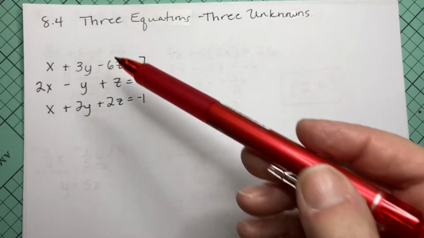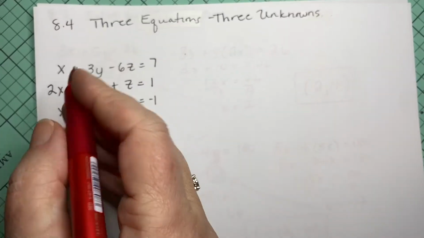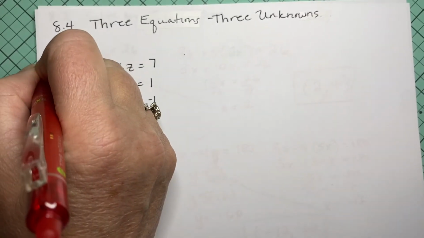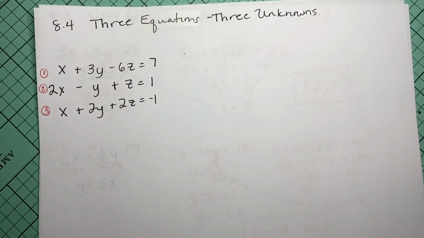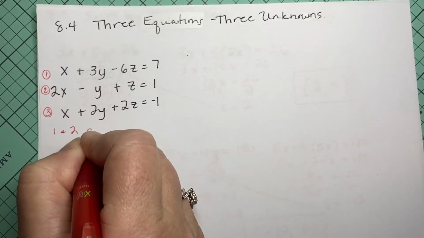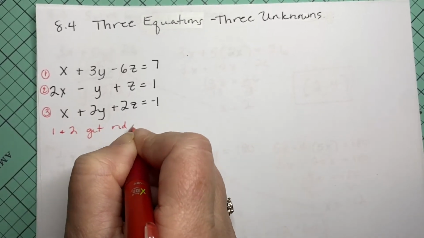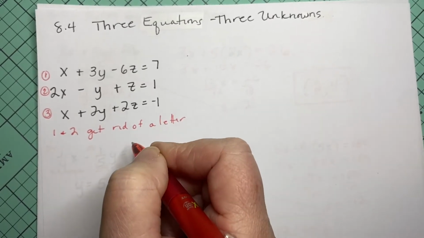But when you're solving 3 equations, 3 unknowns, the first thing you want to do, well, I like to number them. So we've got number 1, 2, and 3. So we've got 3 equations. And so you're going to take 1 and 2 and get rid of a letter. That's not really algebraically talking, but cancel a letter out.